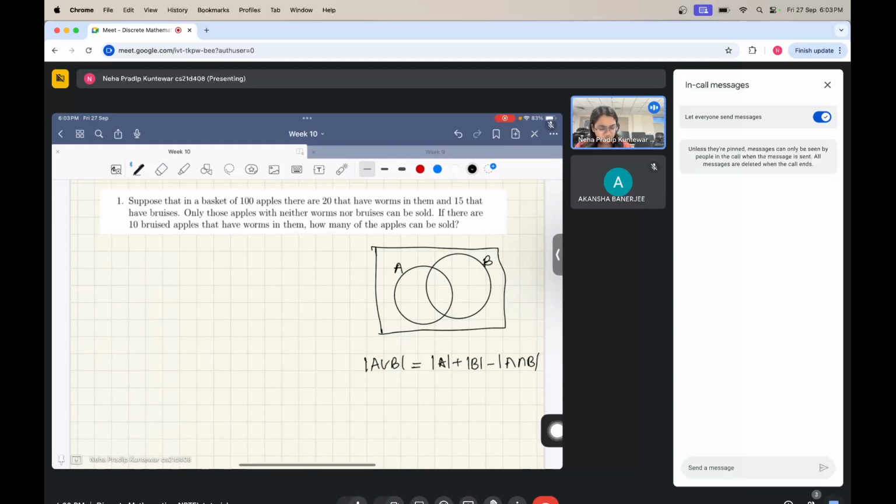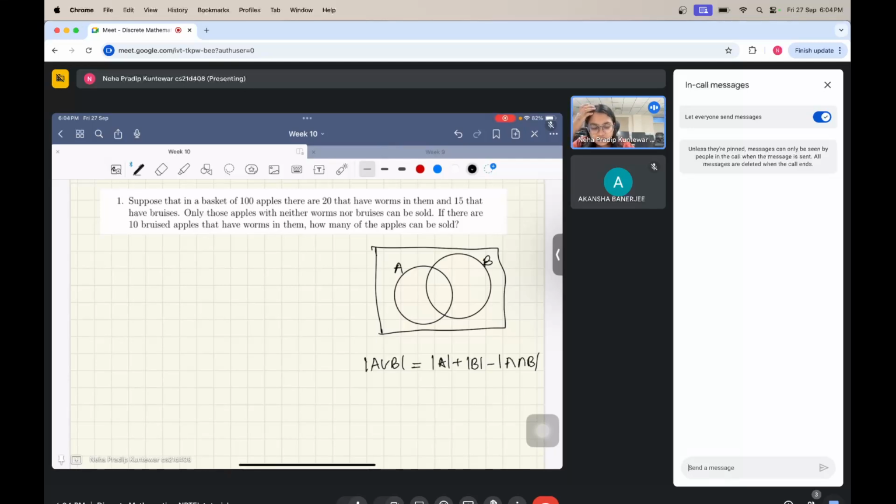This is easy to see because you want to find the cardinality of the elements in here, and if you simply add the elements of A and the elements of B, then you are over counting the intersection twice, so you need to subtract it. This is something we also saw in the first week. This example is a warm up for what we're going to see later, and we're going to generalize this.